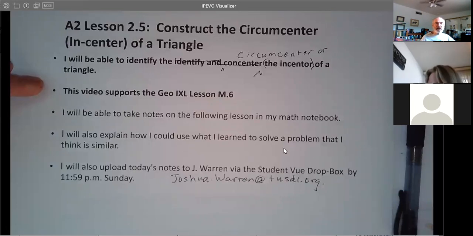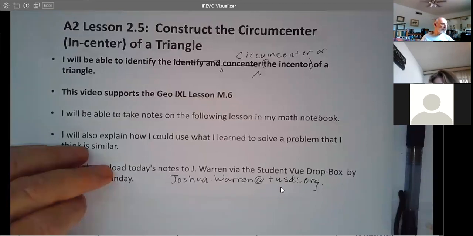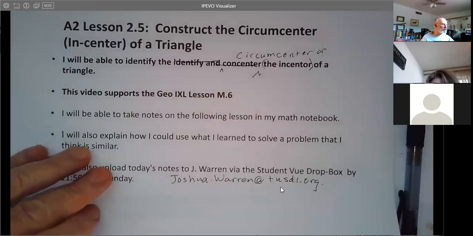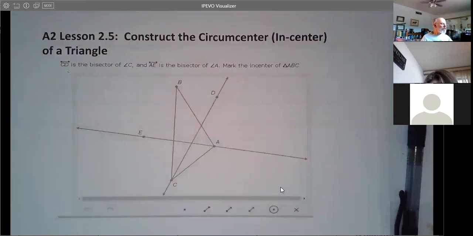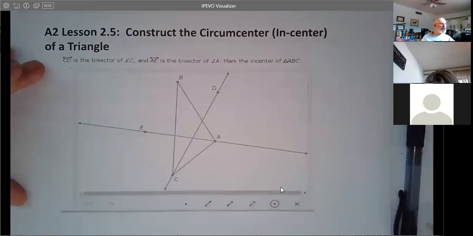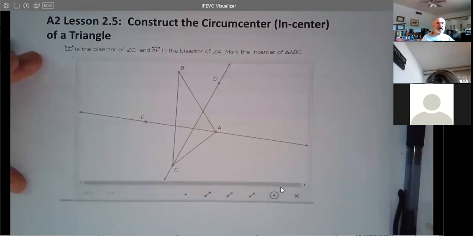And you will be writing notes on this, explaining how you could solve a similar problem, and then you'll upload your notes to the Dropbox. I will have the Dropbox open this evening, and a fallback is you can email it to me at joshua.warren@tusd.org.